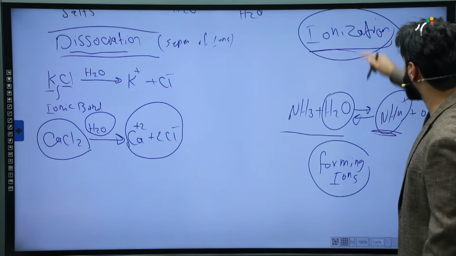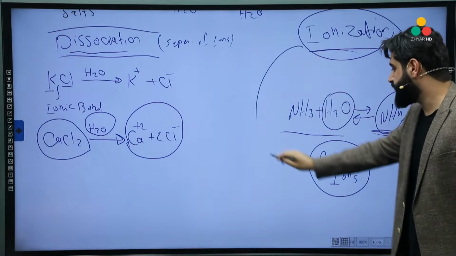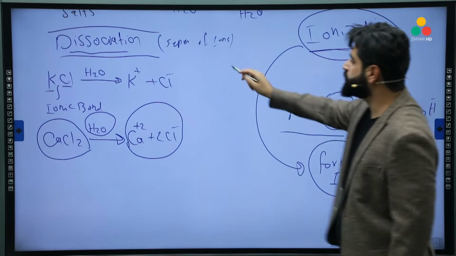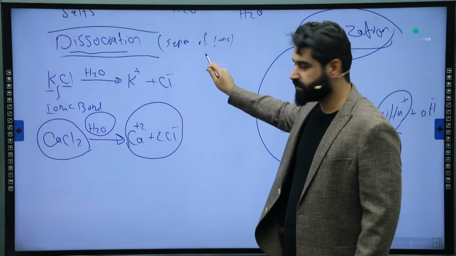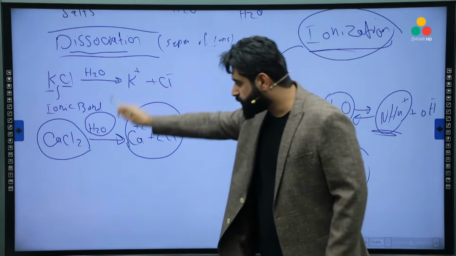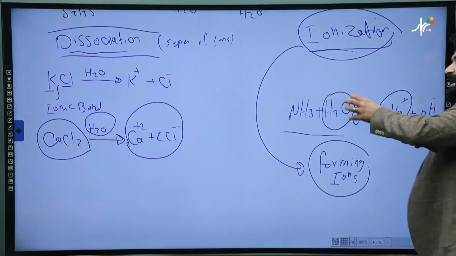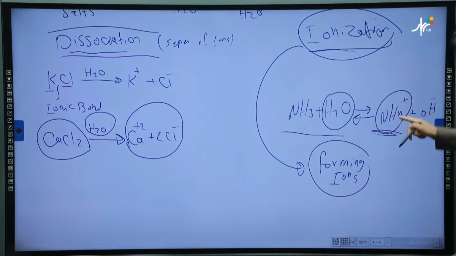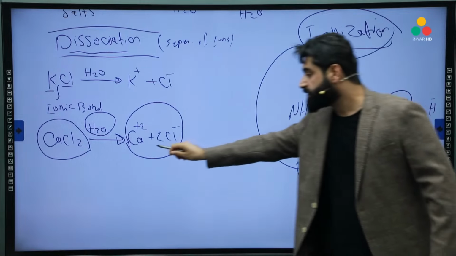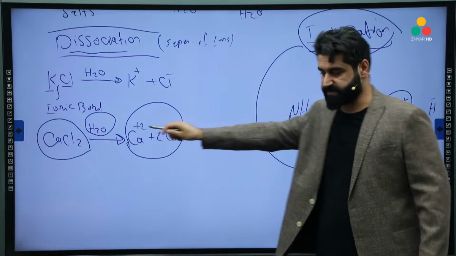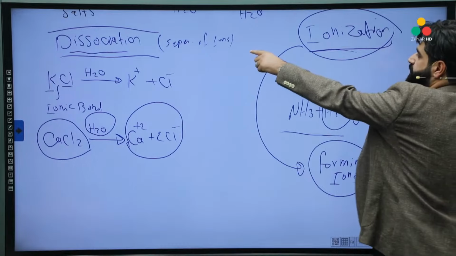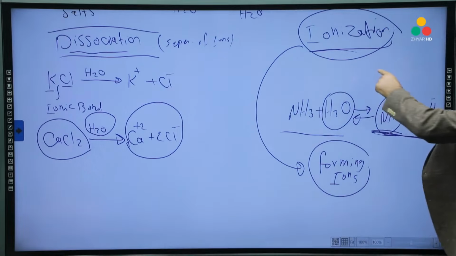So the process of ionization is forming ions, with no separation of ions. Here the ion was not present previously, but there the ion was present previously. That's why we say separation of ions for dissociation, but this is forming ions.